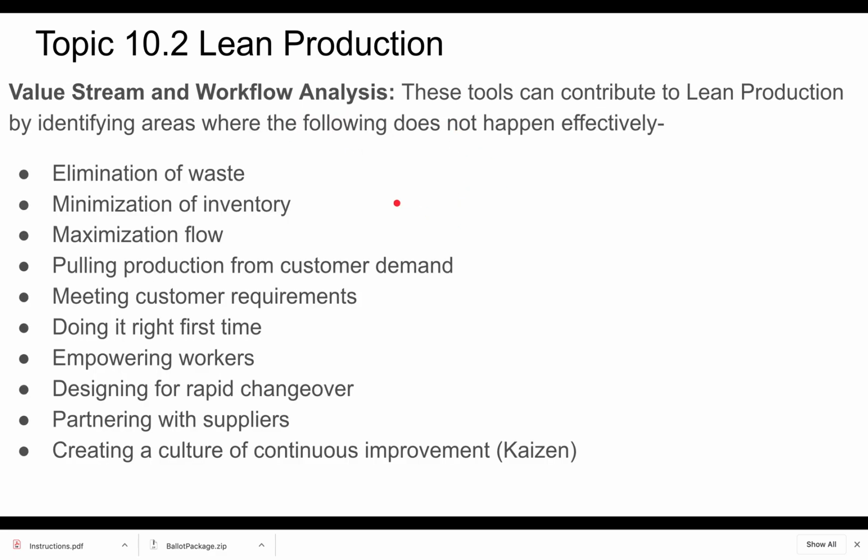What we're looking for is to identify areas where things are not done effectively and we want to improve them. For instance, value stream and workflow analysis can help you eliminate waste. This is a huge issue, right? The more you waste, the more money you spend, the more time you waste.